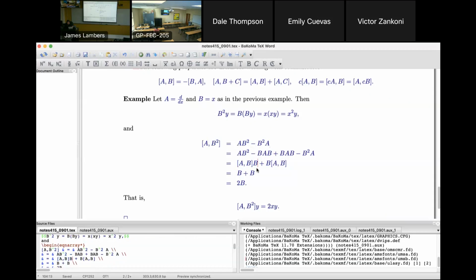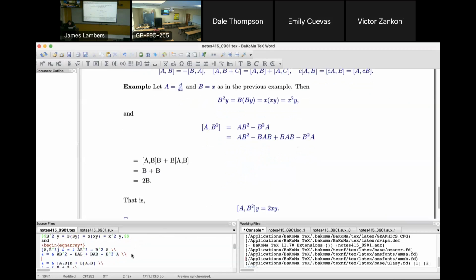I apologize, I went down a useless track there for a second. What I really need to do is factor out B to the right, leaving AB, and here I can factor B out to the left, and what's left is AB minus BA. I'll put in an intermediate step there to make it easier to see.